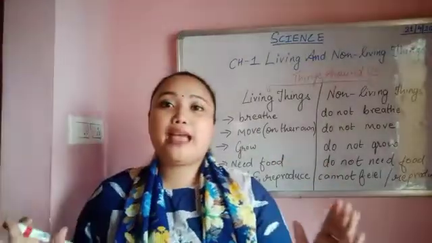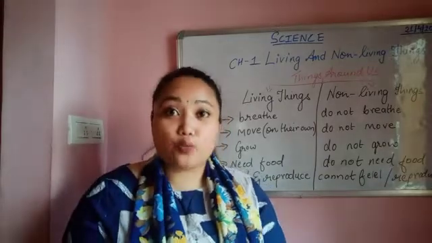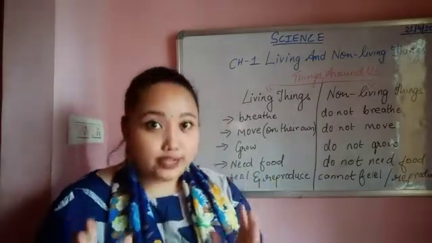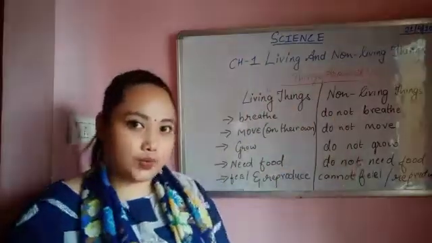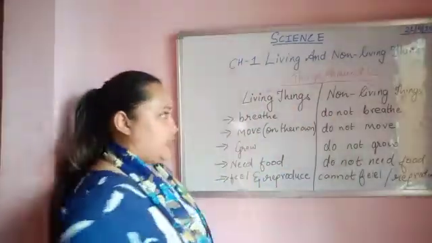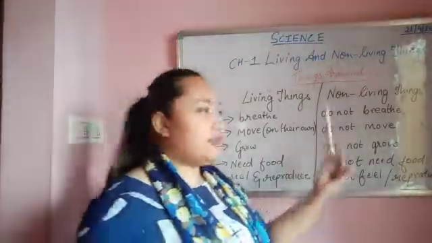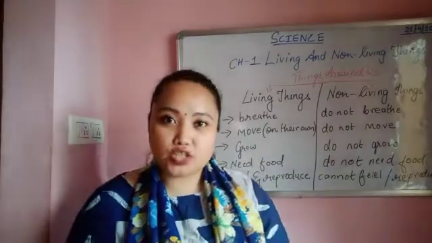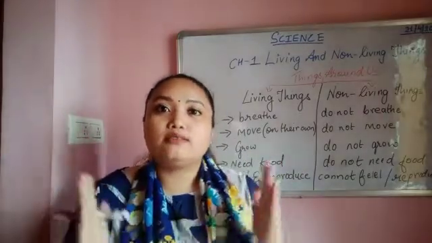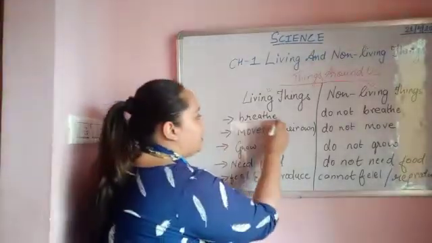Now everybody has their own features and characteristics. Similarly, what are the things that differentiate between living and non-living things? We will see that, okay? Living things have a very special feature which non-living things do not have, and that is the most important feature that makes these two different from each other: living things can breathe, okay?